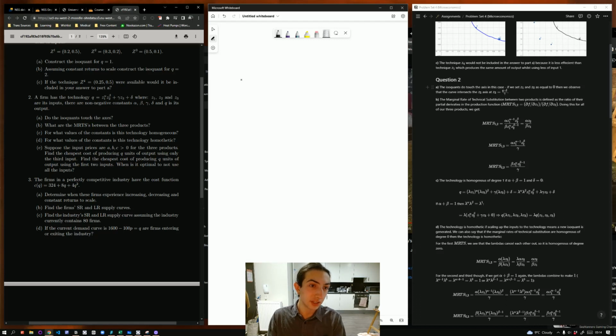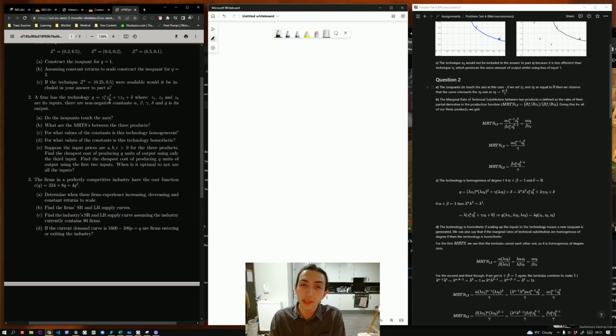Well, yes, actually, they do. To determine if something touches the axis, we need to set every variable to 0 except 1. Only in one case does this actually work. If I set Z1 and Z2 to 0, then Z3 can stand by itself. But if I set Z1 and Z3 to 0, then the first term becomes 0 as well, so that doesn't work.